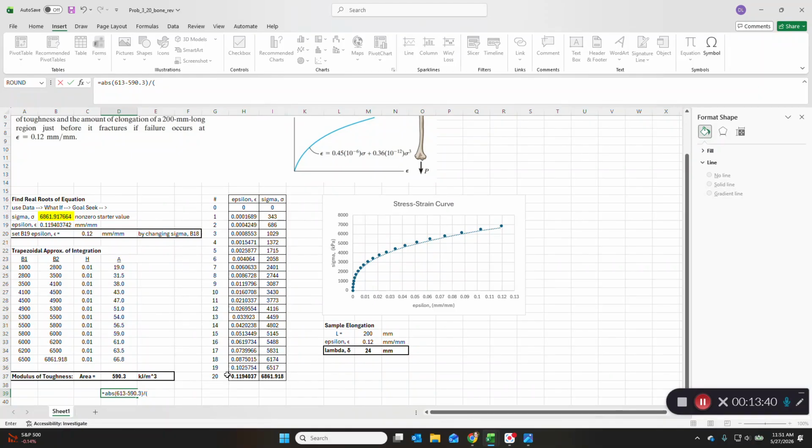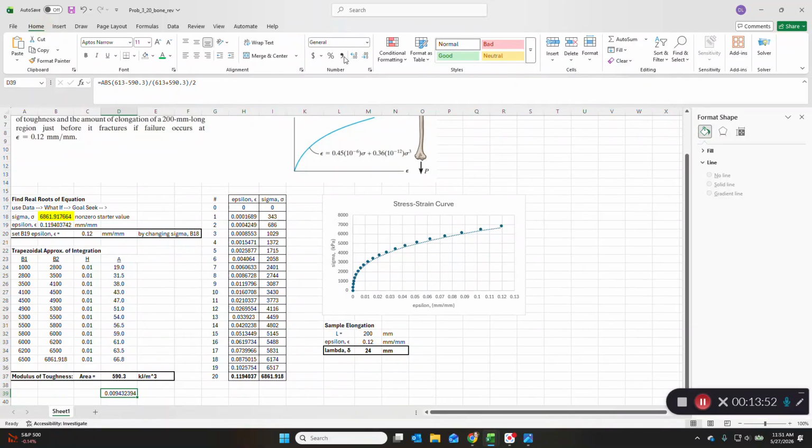So that would probably be easiest, just 613 plus 590.3 divided by 2. And we're pretty close. If I look at this in terms of a percent, we are 0.9% off from our answer. So this is trapezoidal approximation.